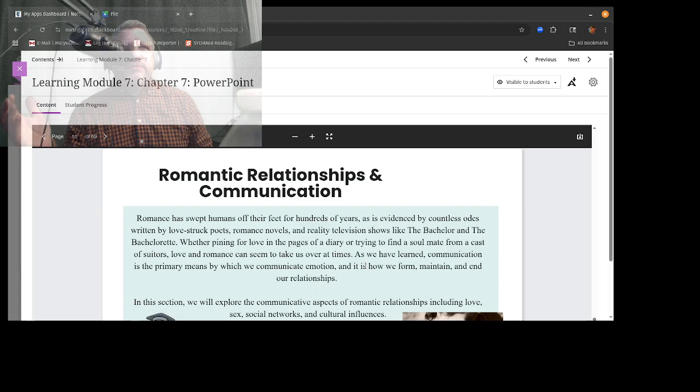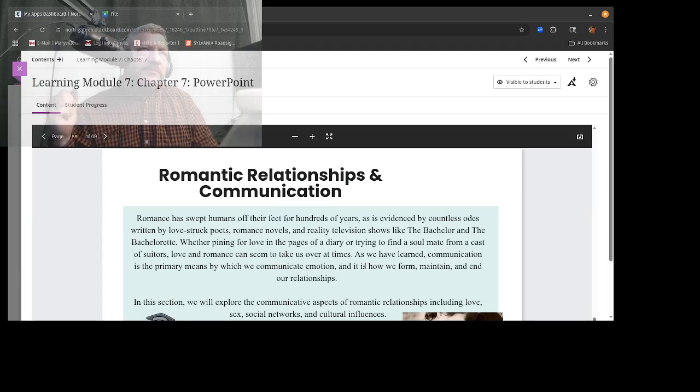Romance has swept humans off their feet for hundreds of years, if not thousands of years. It's evidenced by countless odes written by love-struck poets, romantic novels, and now reality TV, like The Bachelor and The Bachelorette, because isn't that so romantic? But seriously, people pine for love throughout the course of our lives, whether in the pages of our diary or trying to find a soulmate from the world around us.